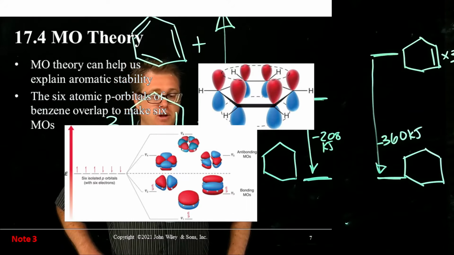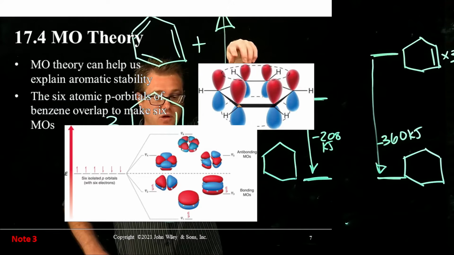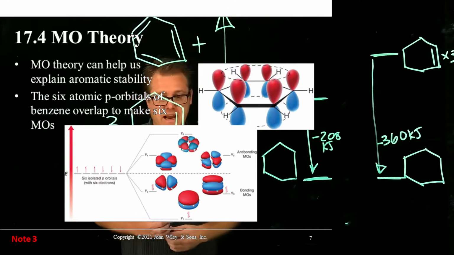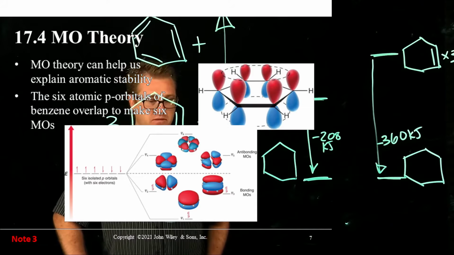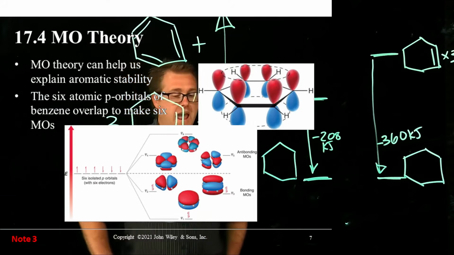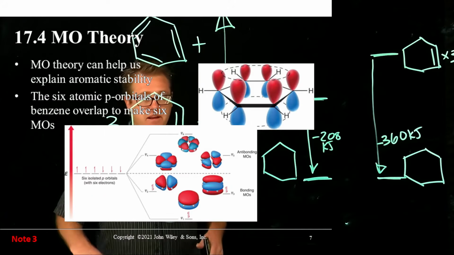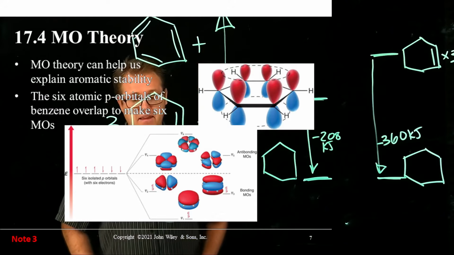Do you see the red lobes on the very top and then the blue lobes on bottom? Well, that is a representation of benzene. And every carbon you see has a p orbital. Okay? And when you look at those atomic orbitals and then convert those to molecular orbitals, you see the image at the very bottom.